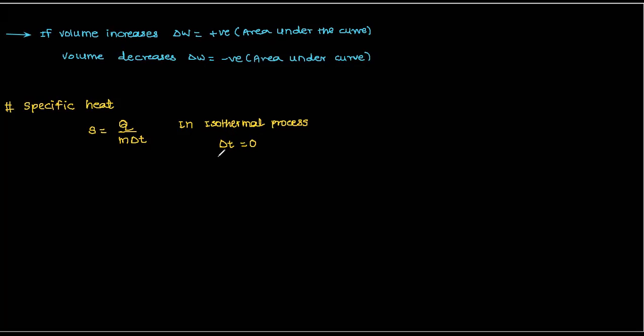So S is equal to Q by M into 0, that is Q by 0, and therefore S is equal to infinity. Anything by 0 gives infinity, and therefore specific heat in isothermal process is infinite. Understood this? This is the specific heat in case of isothermal process.